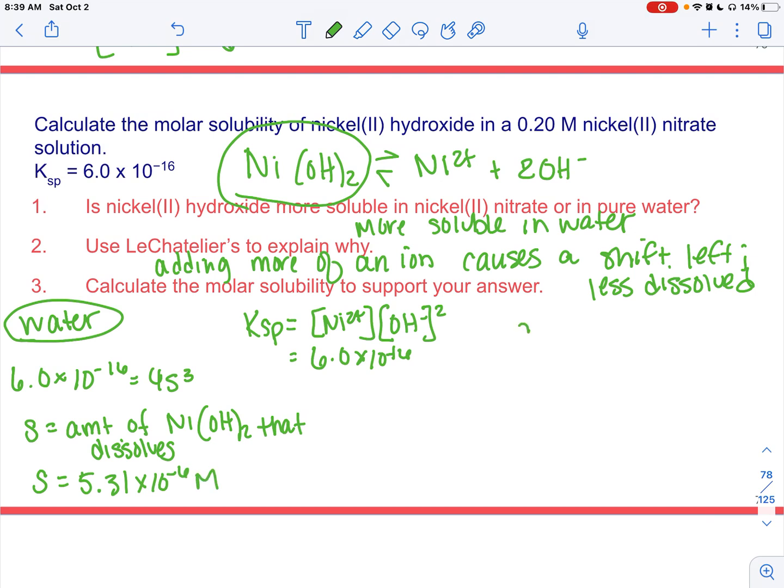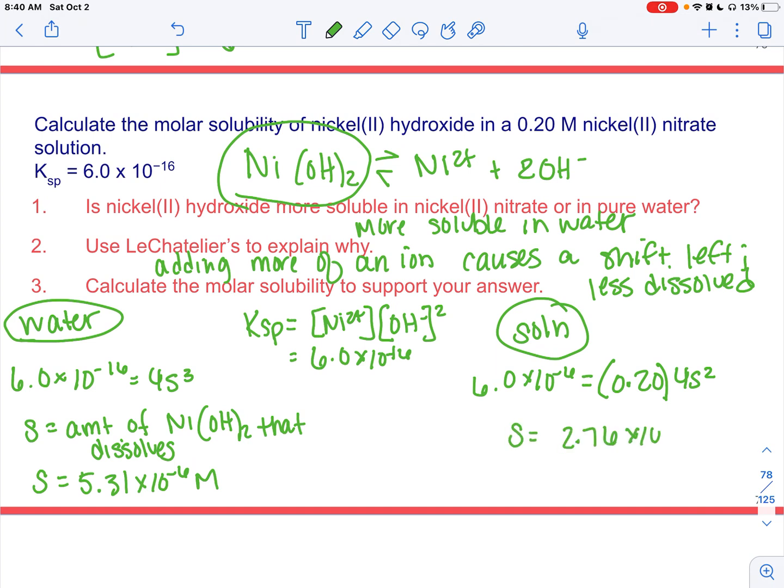And then I'm going to do it in the solution over here. So in the solution, we would set our KSP to the concentration of nickel, which is going to be the molarity of the nickel 2 nitrate, and then that's times 4s squared. So when we solve for s here, we get this.